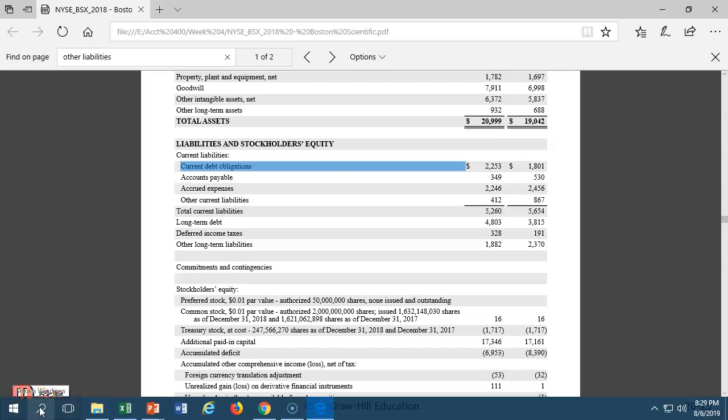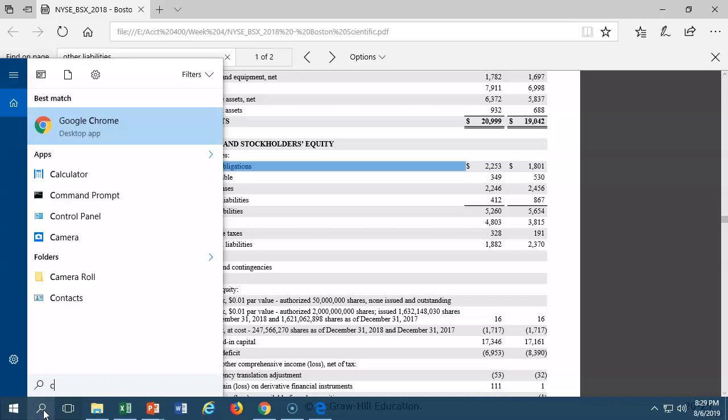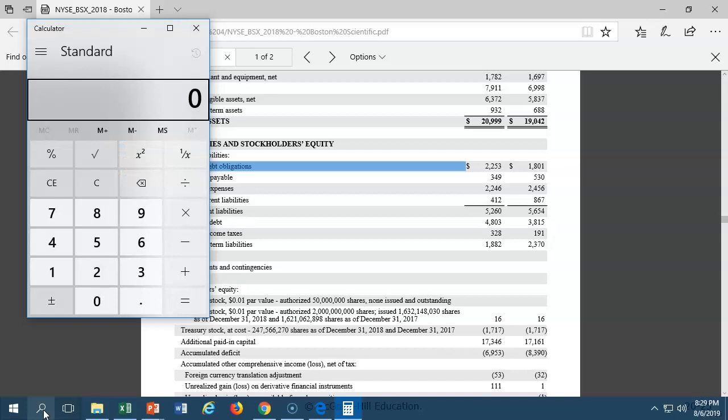What ratio did you calculate? The cash flow from operations to current liabilities for Boston for 2018 is 0.058. And so you interpret that to be weak. Yeah.